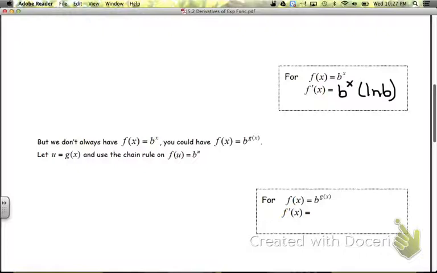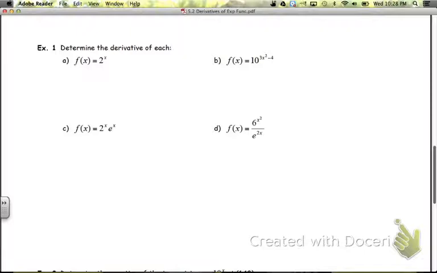So when that happens, you're going to let u be equal to g of x, and you're going to use the chain rule on f of u equals b to the power of u. So therefore, for f of x equals b to the power of g of x, f prime of x will equal b to the power of g of x ln b times g prime of x.